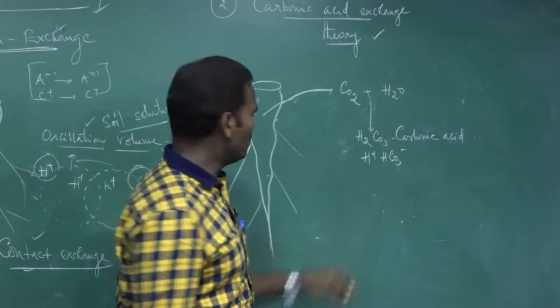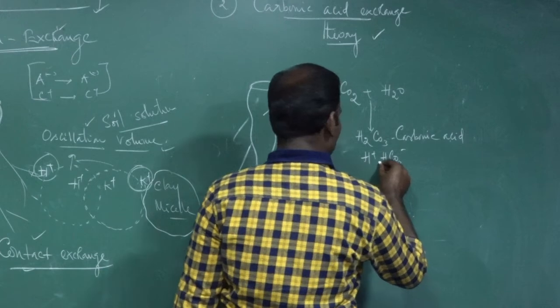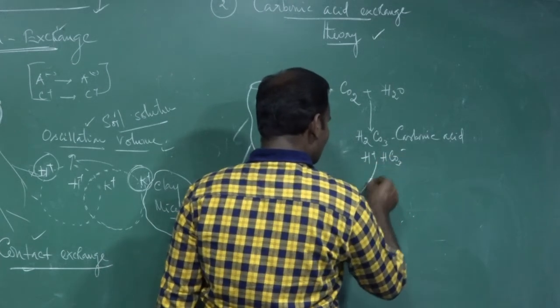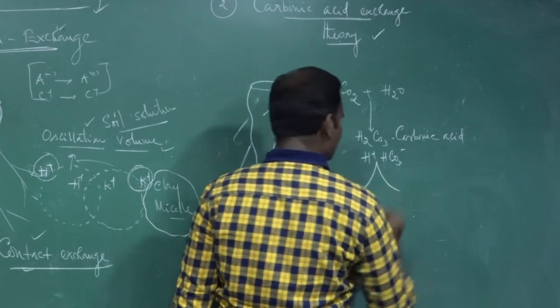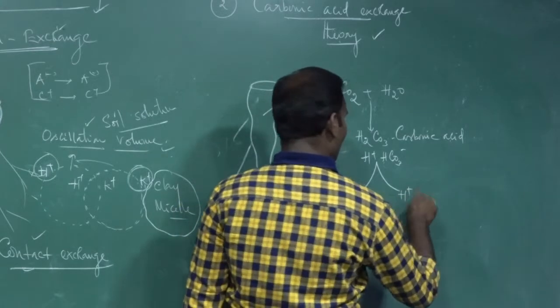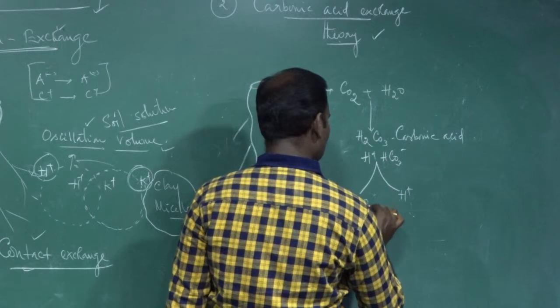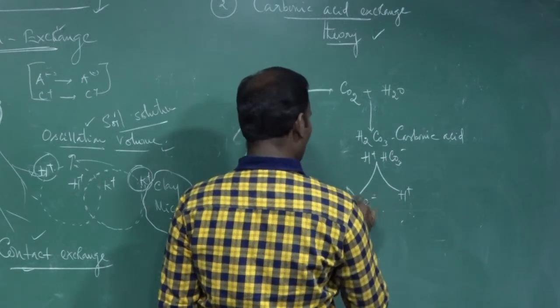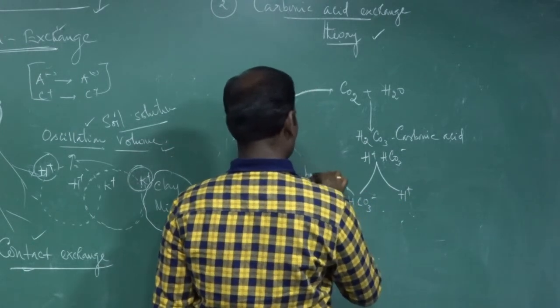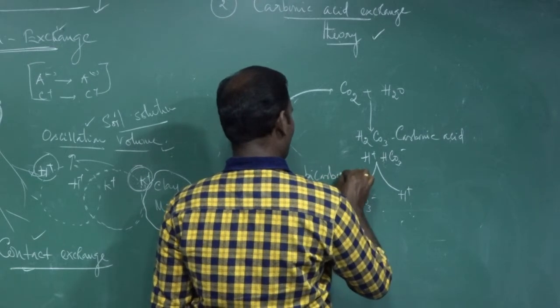Now this carbonic acid dissociates into hydrogen ion and HCO3 minus, which is called bicarbonate.